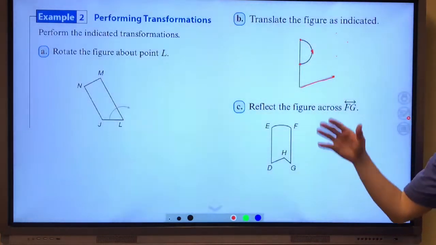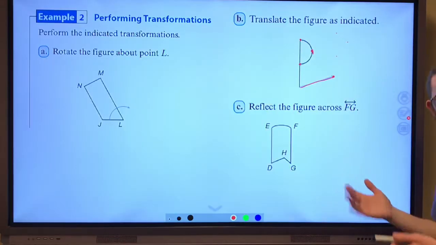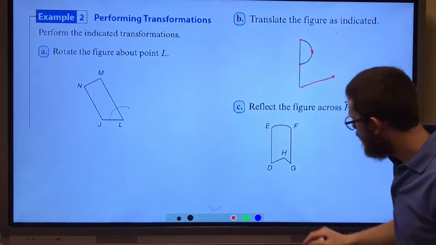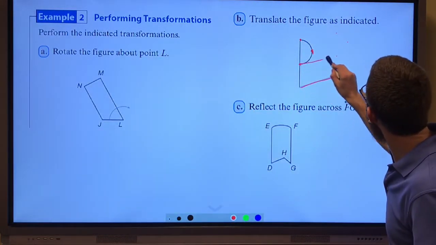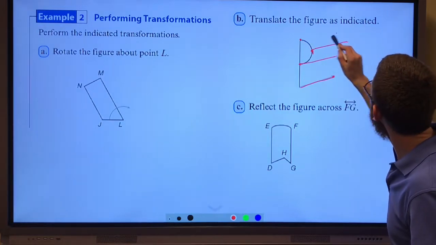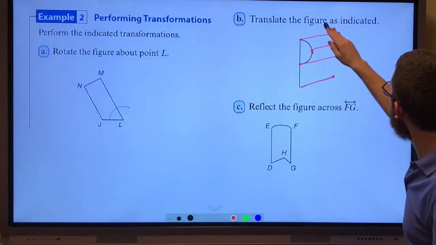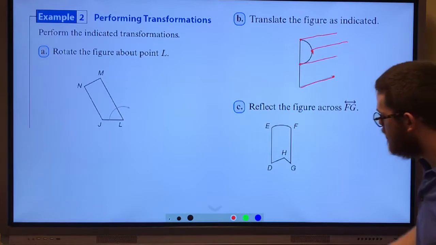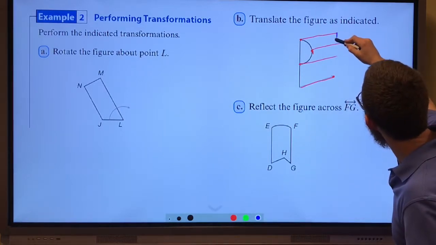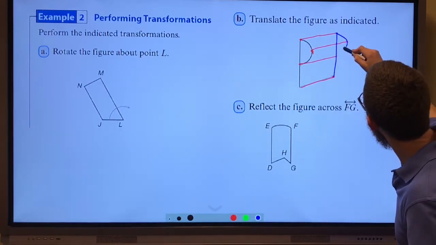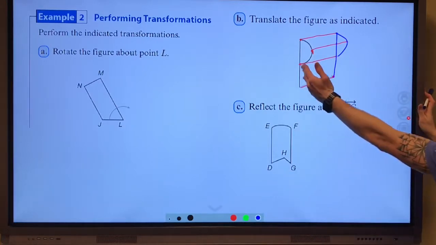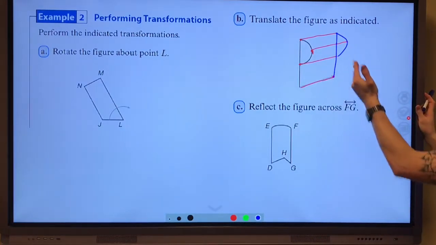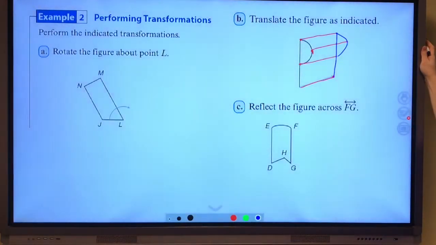Something like that. It's a giant TV, so I'm doing my best here. And so here are those segments. They should all be parallel. They should all be the same length. And if I connect them, it should be that figure, that P, shifted in that same direction.